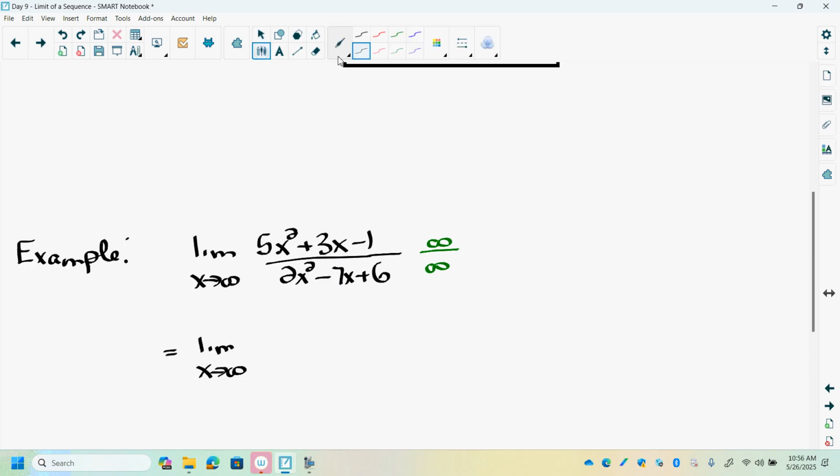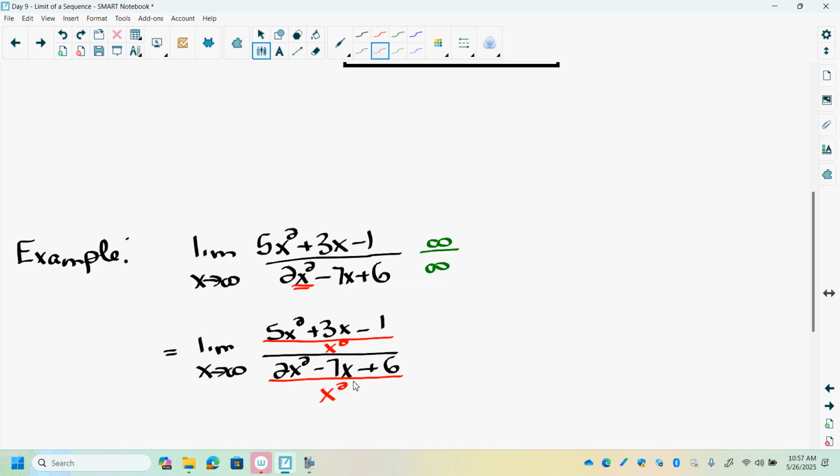So in this case, if I look to the denominator, I've got 2x squared minus 7x plus 6. What's the highest power of x? An x squared. So I am going to divide everything in the numerator, the 5x squared plus 3x minus 1, and everything in the denominator, the 2x squared minus 7x plus 6, by x squared.